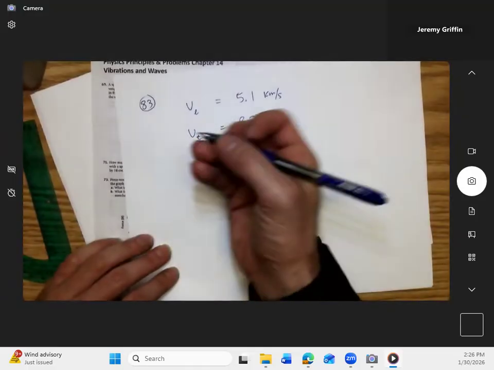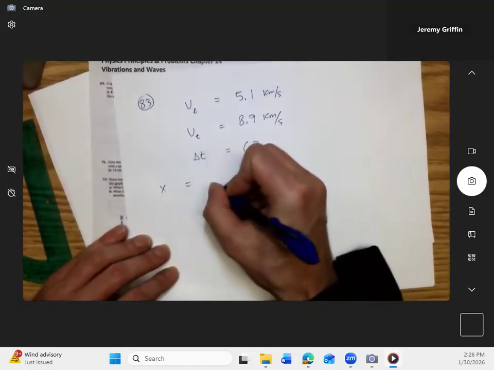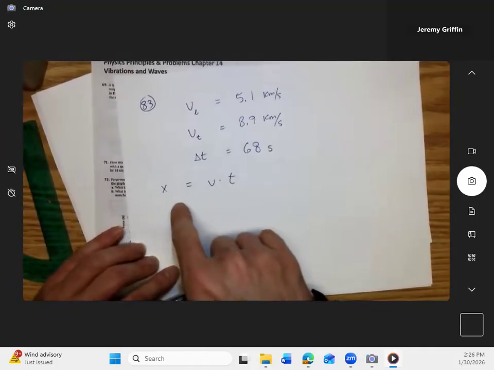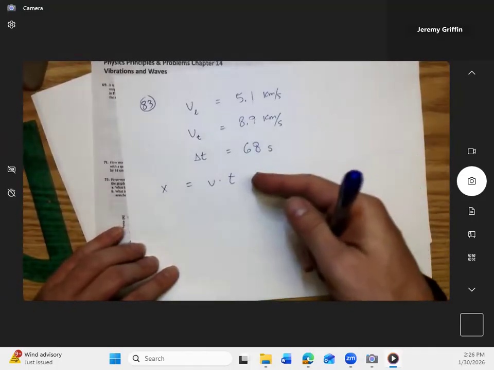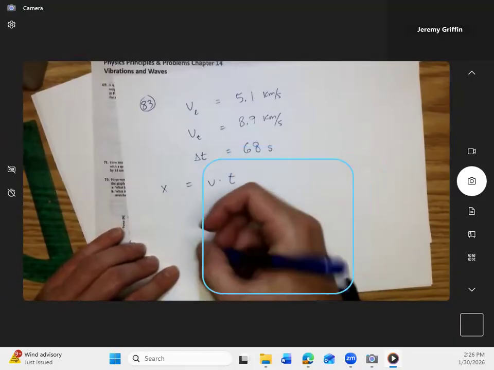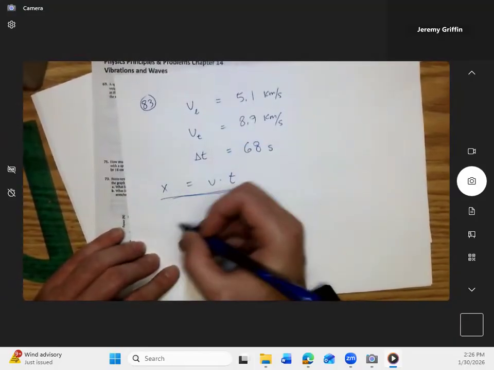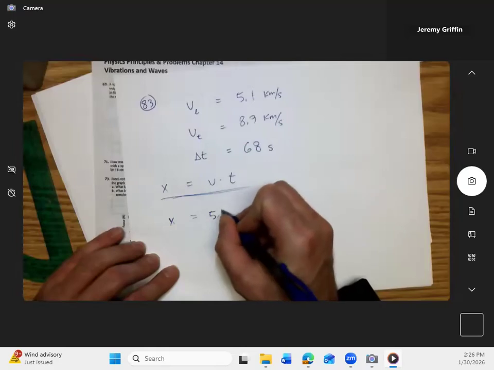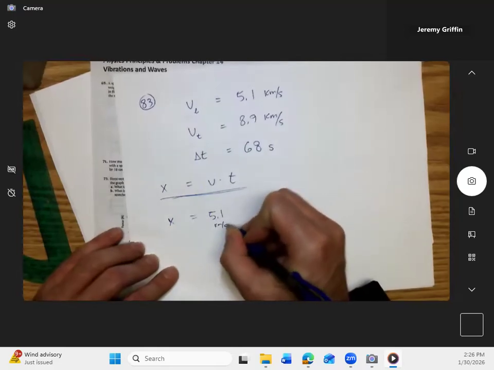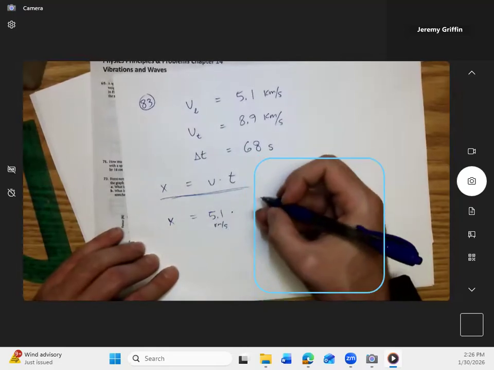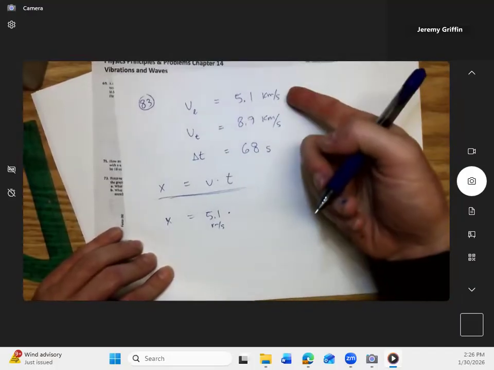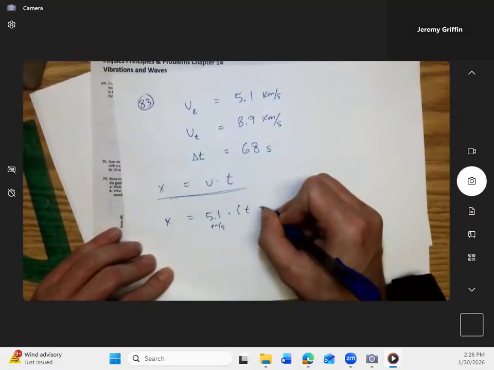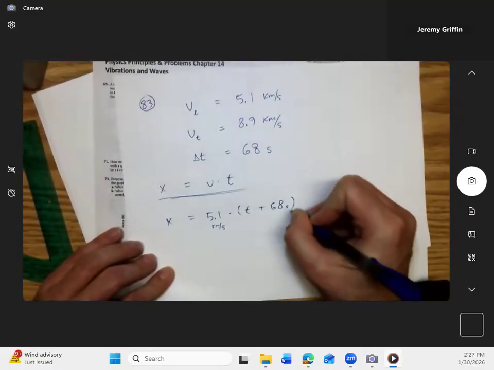Guys, could you say distance equals speed times time? They're the same distance away, but different speeds and different times. So let's use this as a model. I'll set up a system of equations. One distance could be 5.1 kilometers per second times, if this is the slower one, t plus 68 seconds.